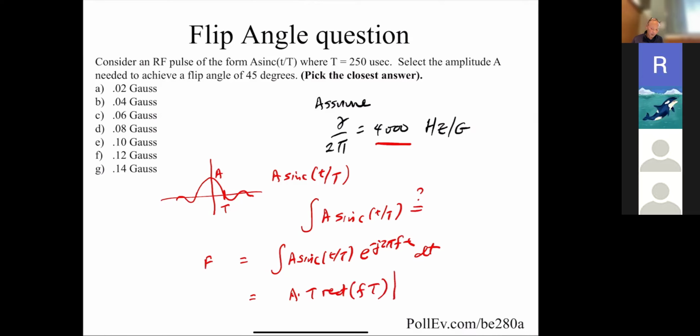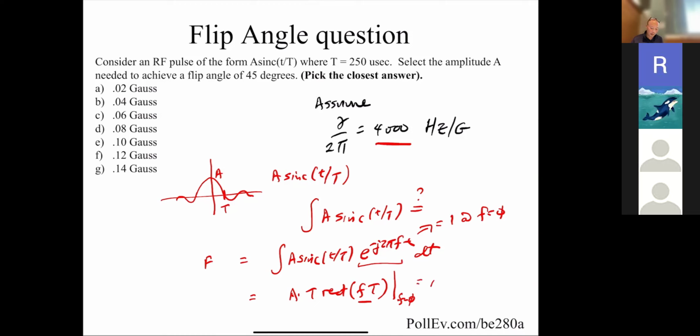And I want to evaluate this at f equals 0, because at f equals 0 the exponential term is equal to 1. So what's the value of the rect function at 0? 1, right?